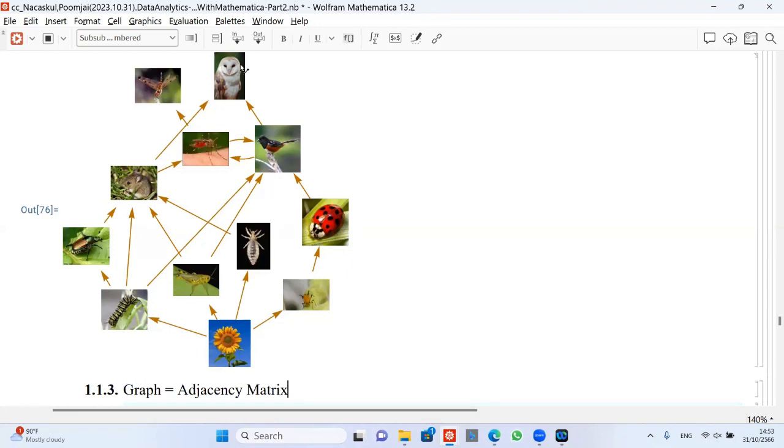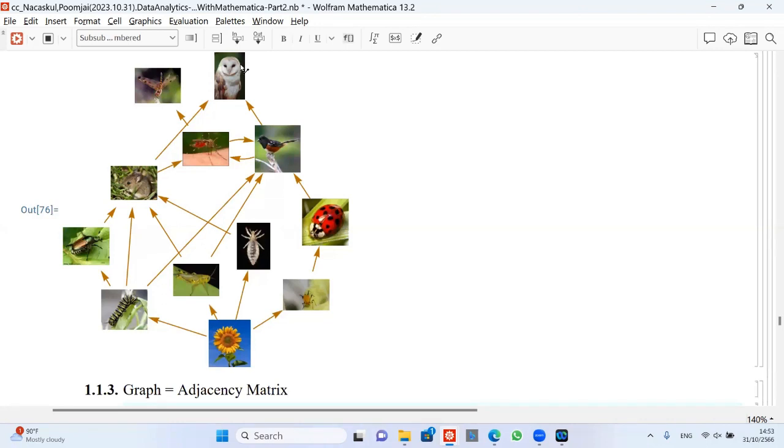So how many possible arrows can I have? 12 times 11 divided by 2. So there are 66. Now, the way it's drawn here, it only draws an arrow that has a non-zero value.